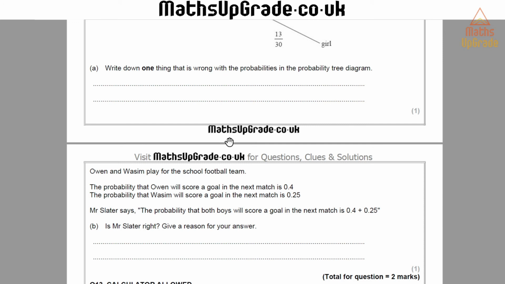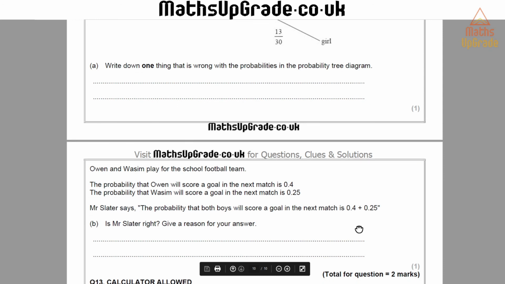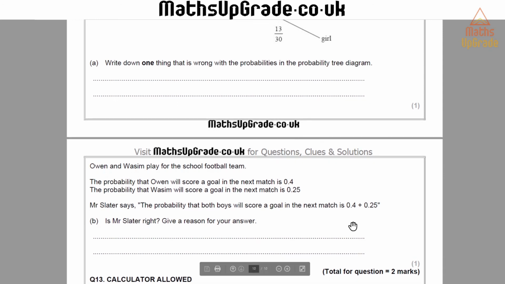In part B, I'm given some more information. I'm told that Owen and Wassim play for the school football team. The probability that Owen will score a goal is 0.4. The probability Wassim will score a goal is 0.25. Another reasoning question. We're told that the probability that both boys will score a goal in the next match is 0.4 add 0.25. Is that correct? Give reasons for your answer for another mark.